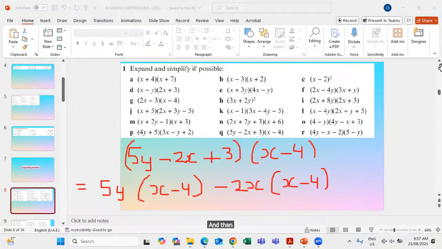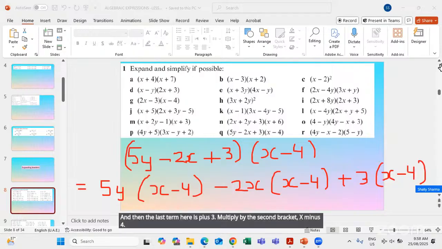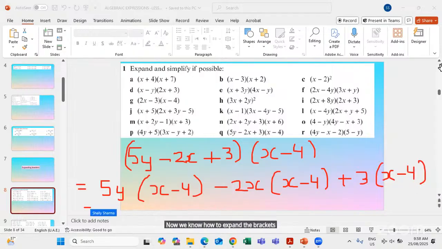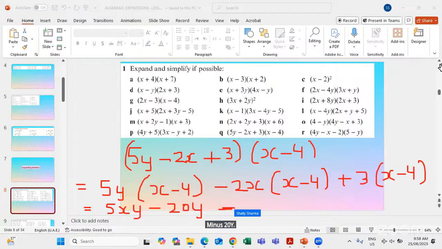And then the last term, plus 3, multiplied by the second bracket, x minus 4. Now we know how to expand the brackets, so this is 5xy minus 20y minus 2x squared plus 8x plus 3x minus 12.